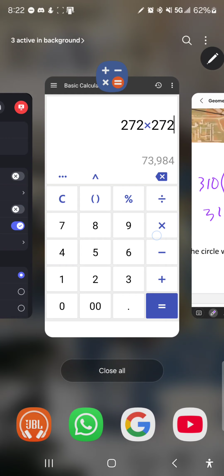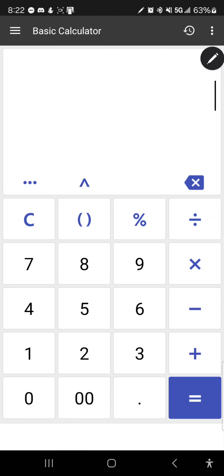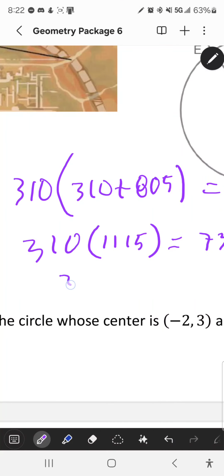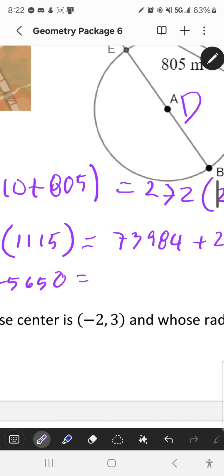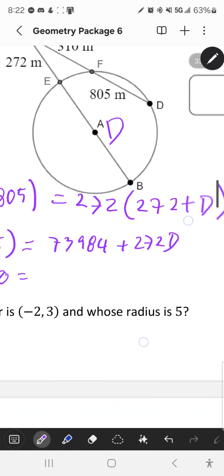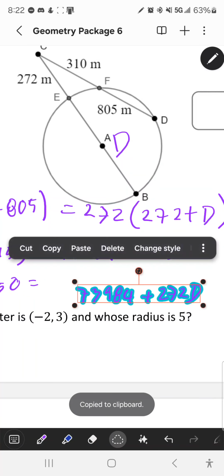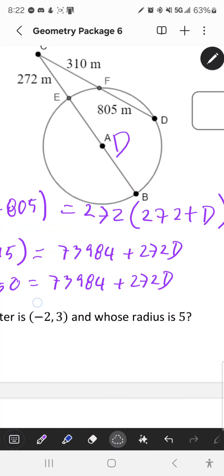And then 310 times 1115 is 345650. This is equal to the same value, and then I can subtract this from both sides, so we can cancel out.